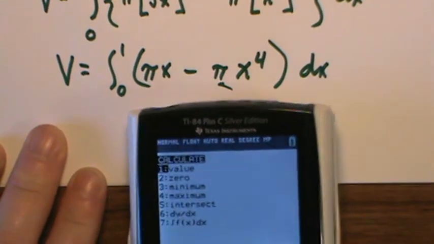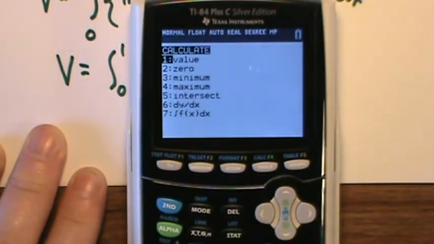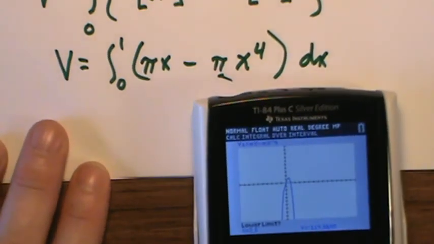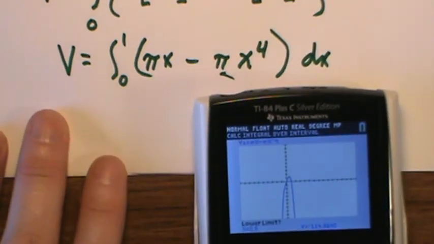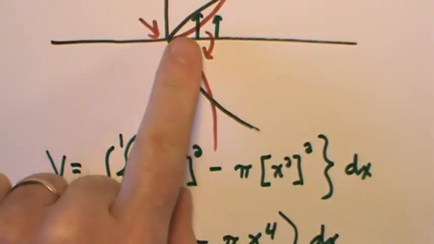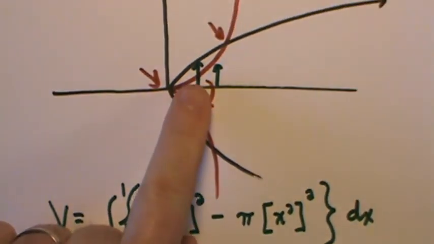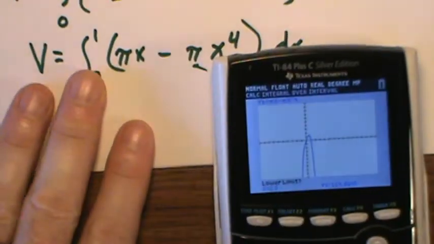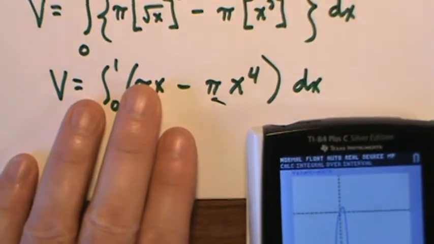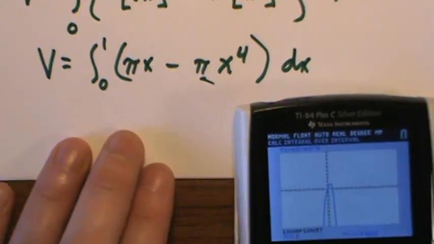My calc option tells me go down to option 7 to integrate, and I'm going to integrate this from 0 to 1. And as I say in almost every video, understand that here's the picture of the area, but I'm finding volume, so this is going to look different than my picture for my graph of the area.